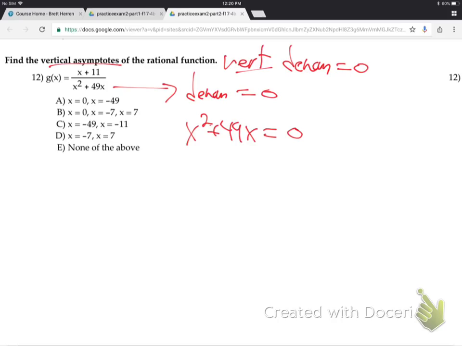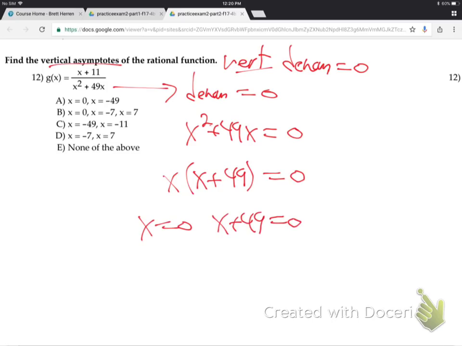Denominator 0. So how do we solve that now? Factor out the x. Take out the x. And then each part gets its own 0, because if two things are timesing to be 0, either part could be 0. So x is 0. Jump the 49 over. x is minus 49. 0 and minus 49.